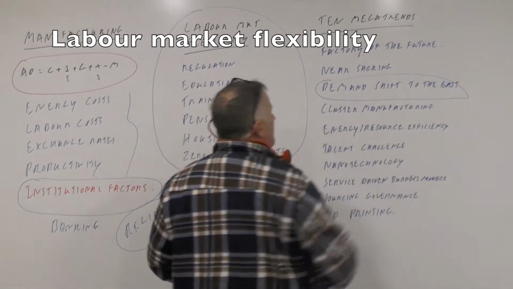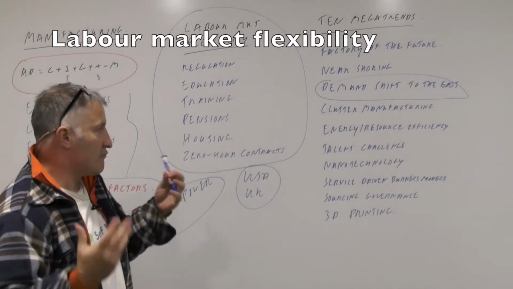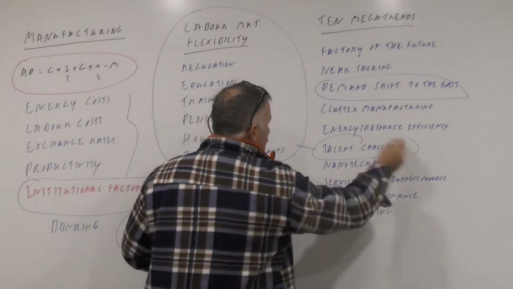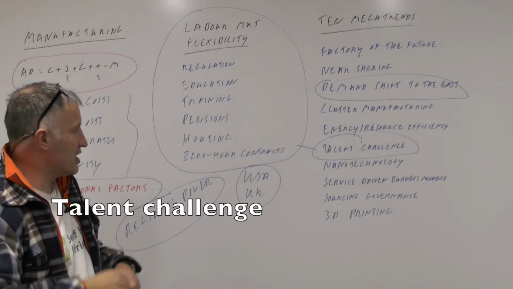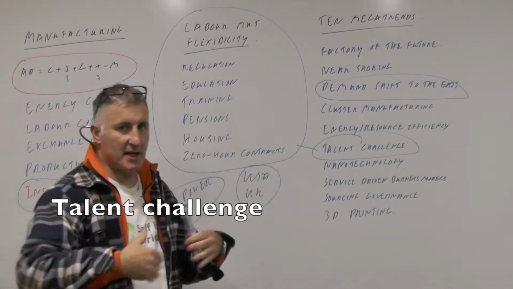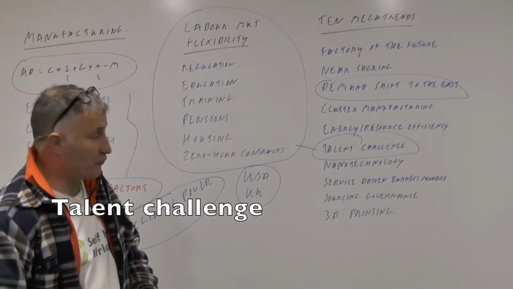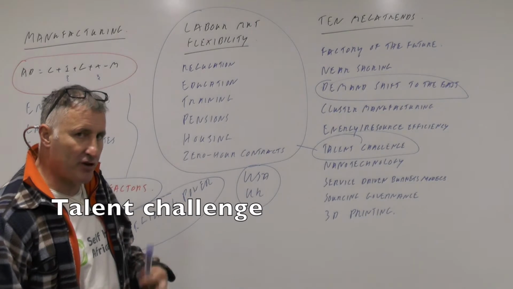Cluster manufacturing, which is where you get all your suppliers in one area. Resource efficiency. Have we got the right sort of workers for the future? The talent challenge. Nanotechnology. Service-driven business models, meaning mass customization, so you can produce individual models for the consumer. Where you get all your supply chains from, and 3D printing.